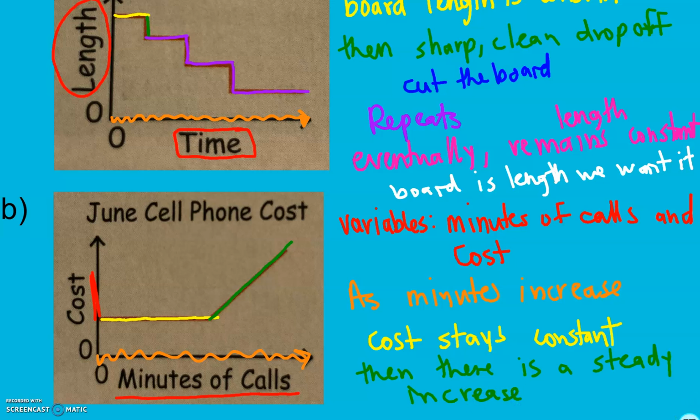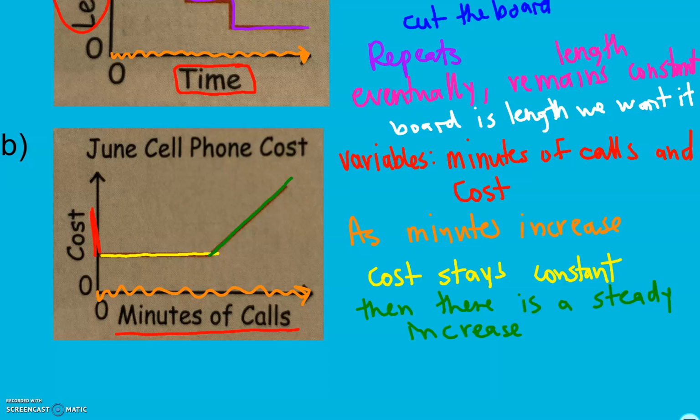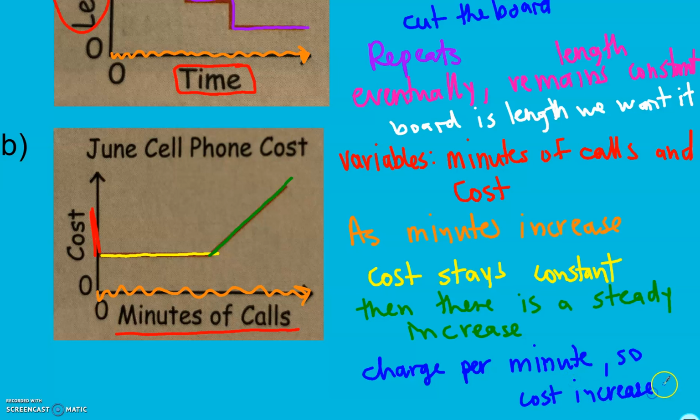And that happens, so what happens there is we start getting charged per minute. And this is a little bit outdated. So cost increases as minutes increase.